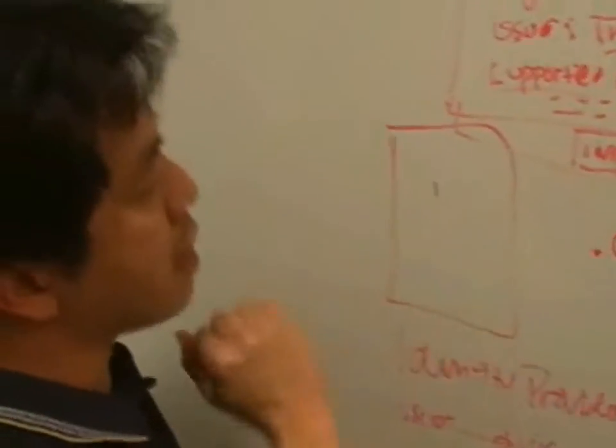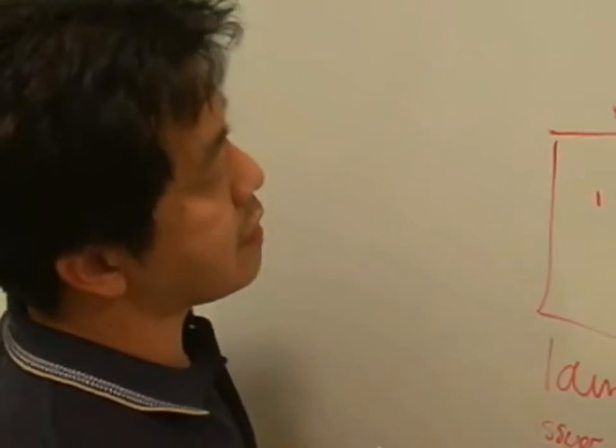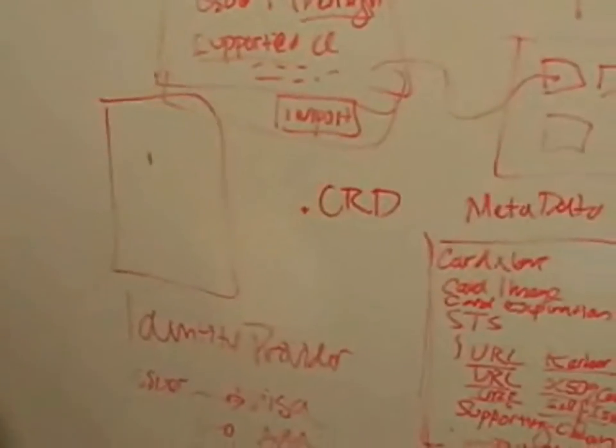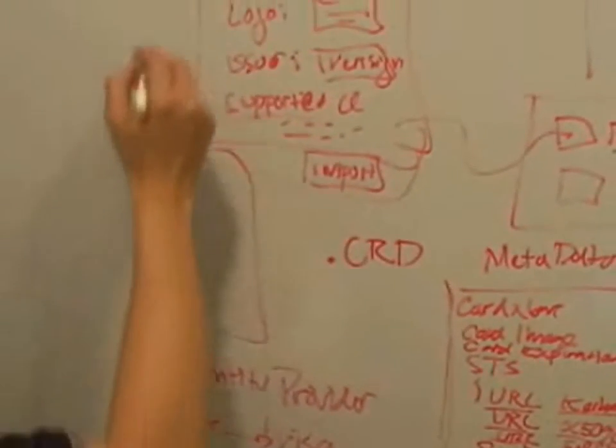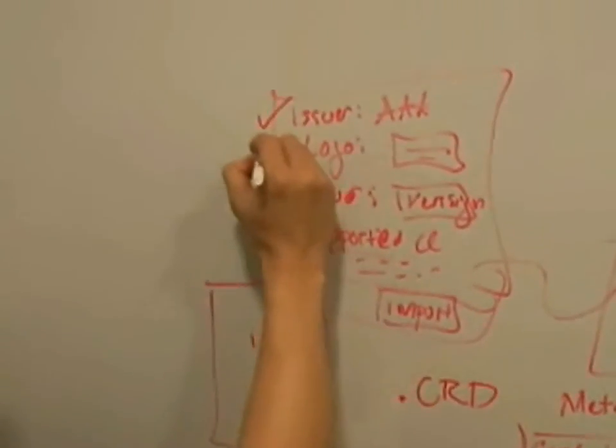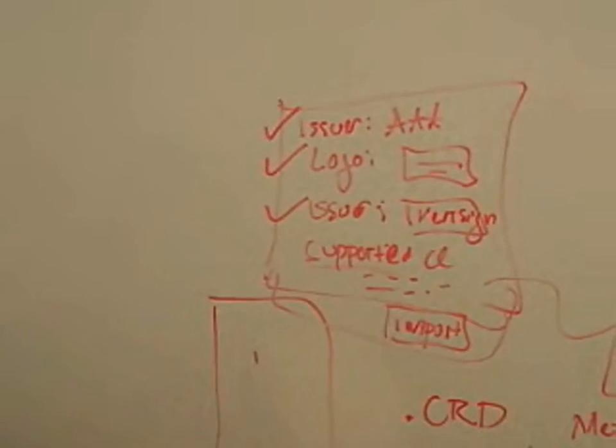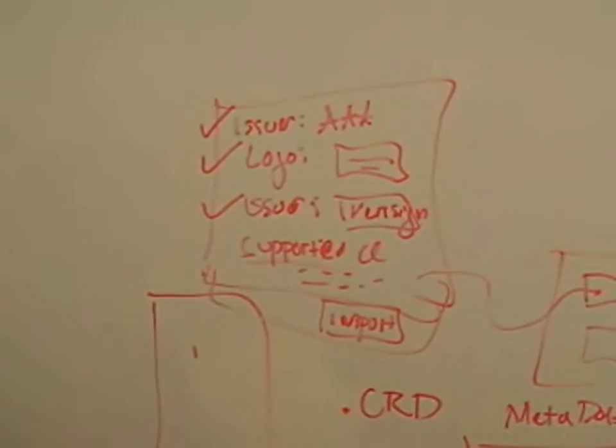Excellent. The other thing is that InfoCard supports the high assurance certificate. If we detect a high assurance certificate, we put a green check mark in front of the field.